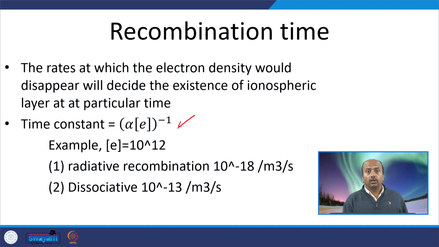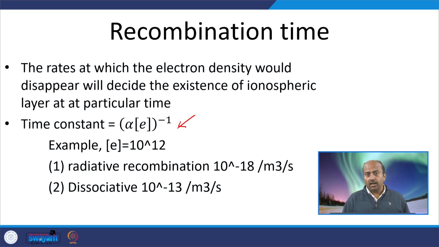So, going back, we have already done this simple calculation where we can calculate the time constant that it requires for the recombination to happen, or for the removal of electrons and ions from the ionosphere, which is dependent on the type of process like radiative recombination and dissociative recombination.